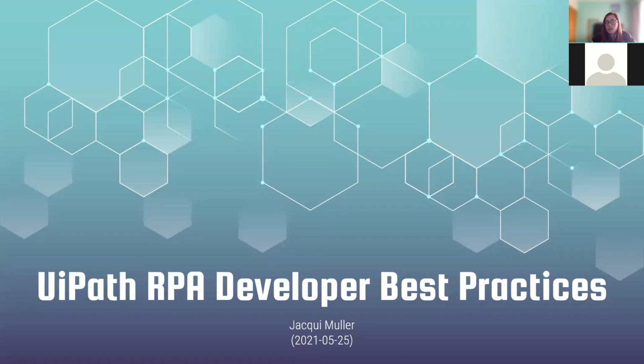UiPath have also released quite a lot of documentation around some of these projects and adhering to the standards that they've put forward. There are also a lot of advantages to following best practices. For example, if you decide that in your organization you're going to have a standard form of practice, then you know that all solutions developed using that standard are easily maintainable, especially in teams where DevOps isn't really a way of doing things.